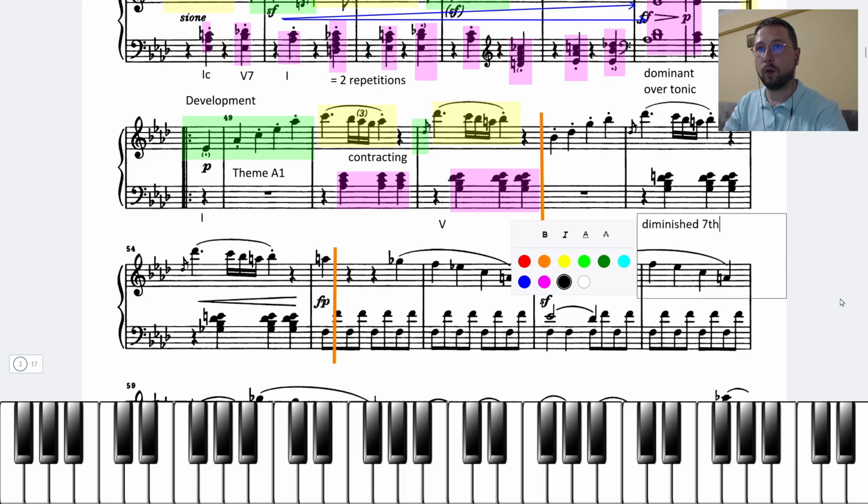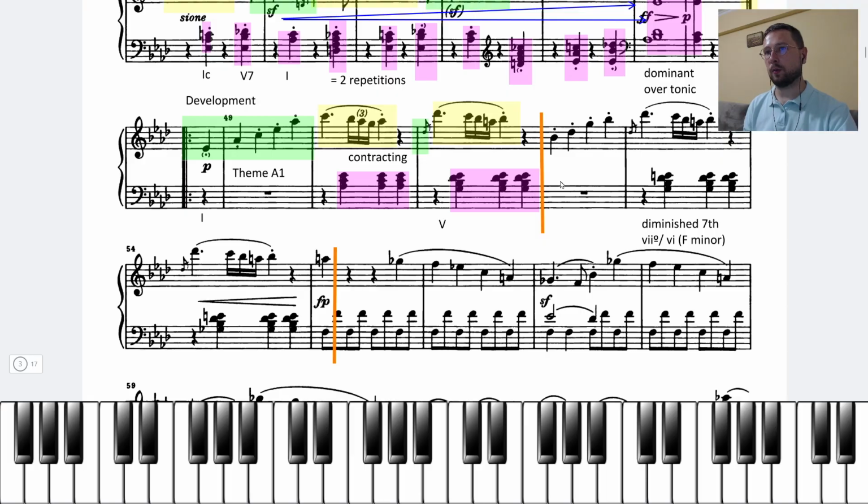And you might be wondering, what is the diminished sevenths dominant of? Well, it's the 7th degree of the 6th of the relative, right, of the F minor. And how do we make sense of it? Well, basically Beethoven just moves chromatically.